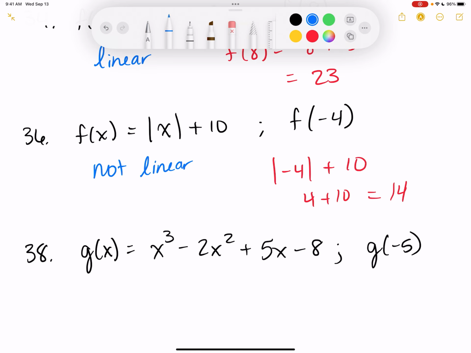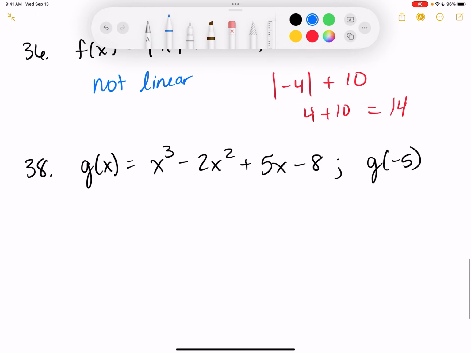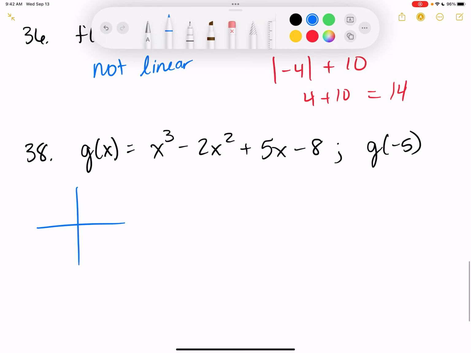Cubed. So this is a cubic function. A cubic function, just for reference, looks something like this. This one won't be exactly like that because it's got other stuff going on, but it's ballpark something like that. So this is not linear.